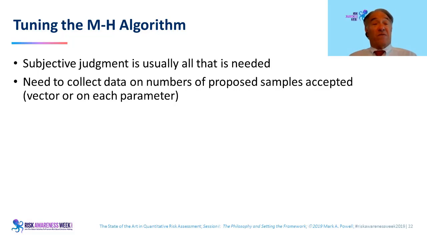To tune the Metropolis Hastings algorithm, we have to collect data on the number of proposed samples that were actually accepted. We need to calculate the acceptance ratio for each variable, either on the entire vector or each parameter at a time.